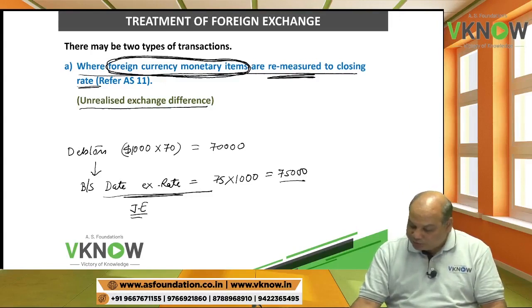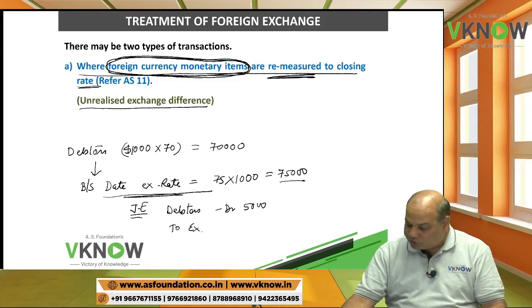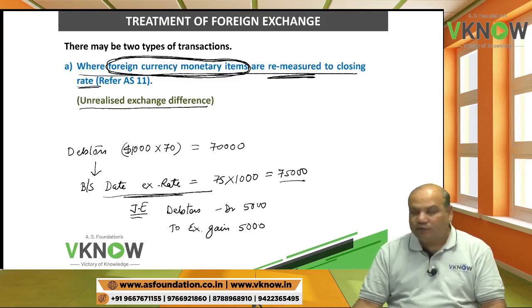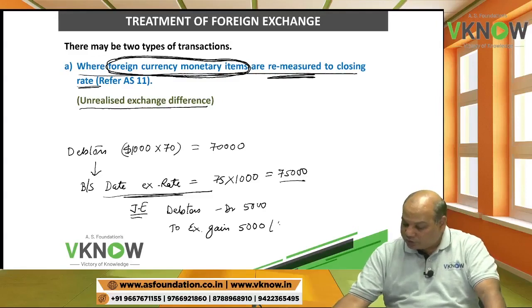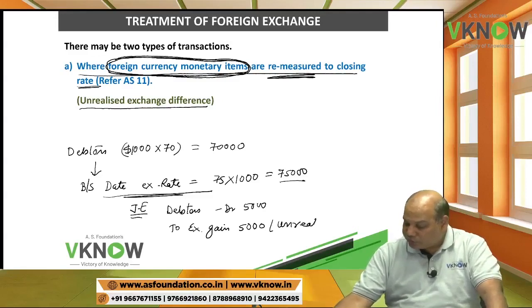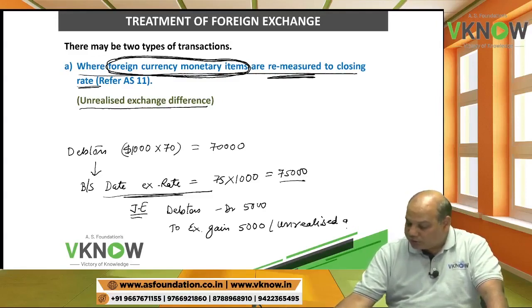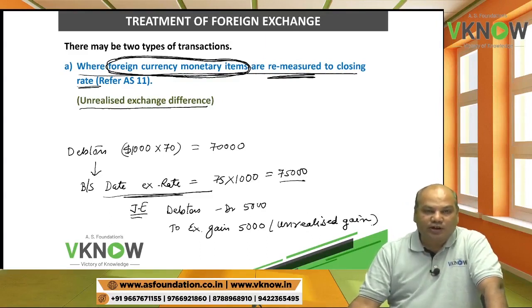Journal entry would be debtors account debit 5,000 to exchange gain 5,000. Now this is an unrealized gain because we have not yet realized the debtor.